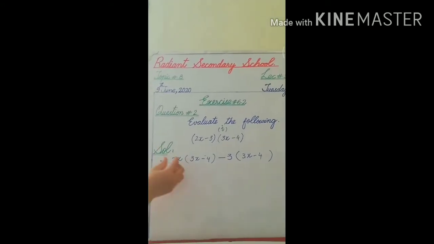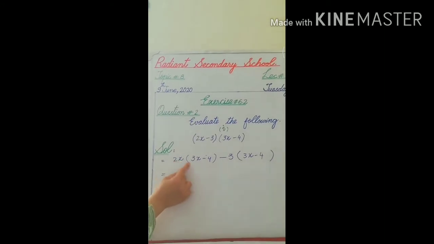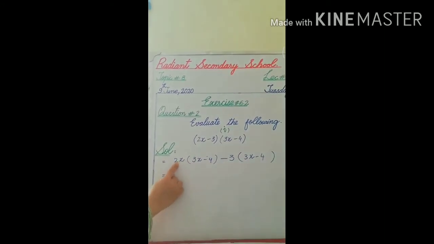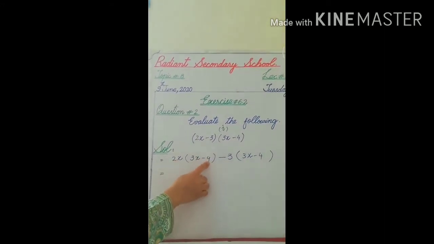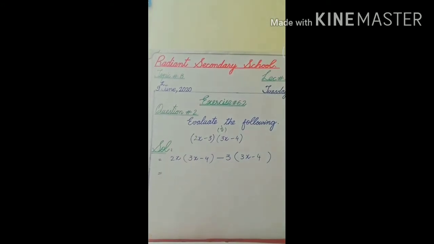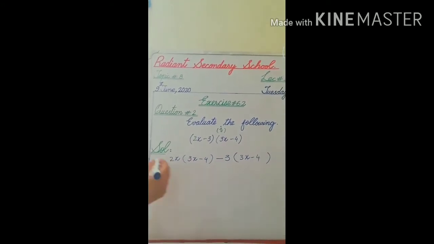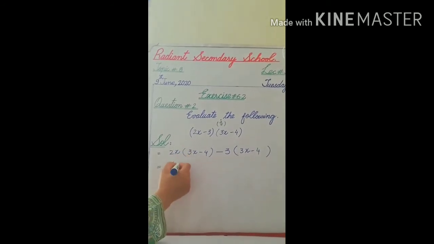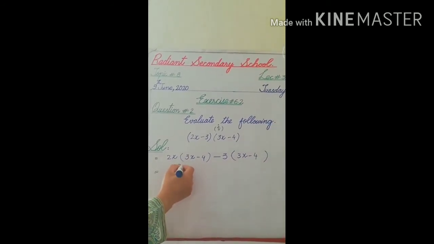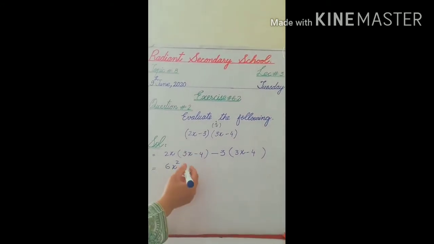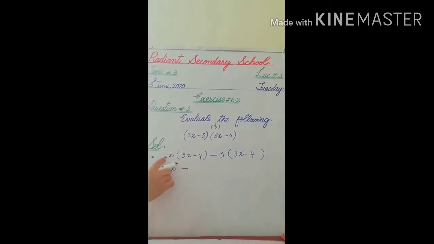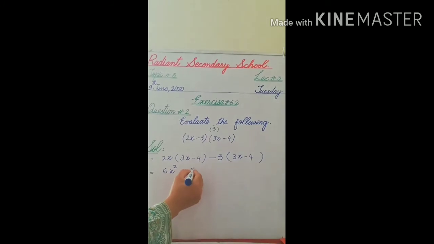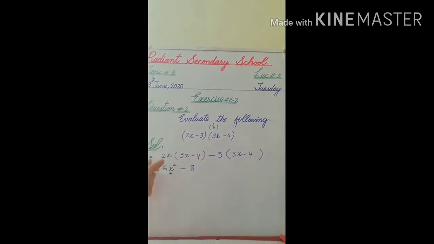Okay students, now we have to open the brackets. It means 2x multiplied with 3x and 2x multiplied with 4. One by one we will solve it. 2 3s are 6, the bases are same so their exponents will be added, x raised to power 2. Which sign is coming next? Minus. 2 4s are 8.